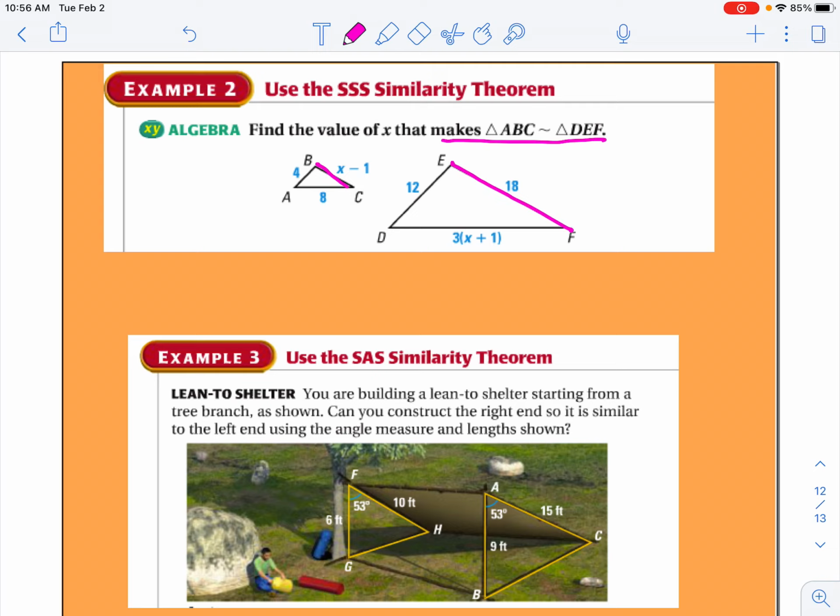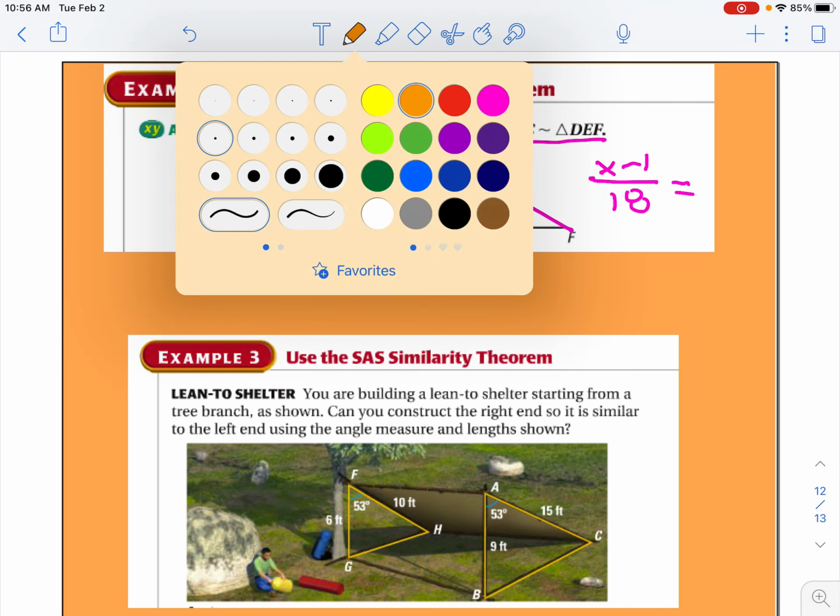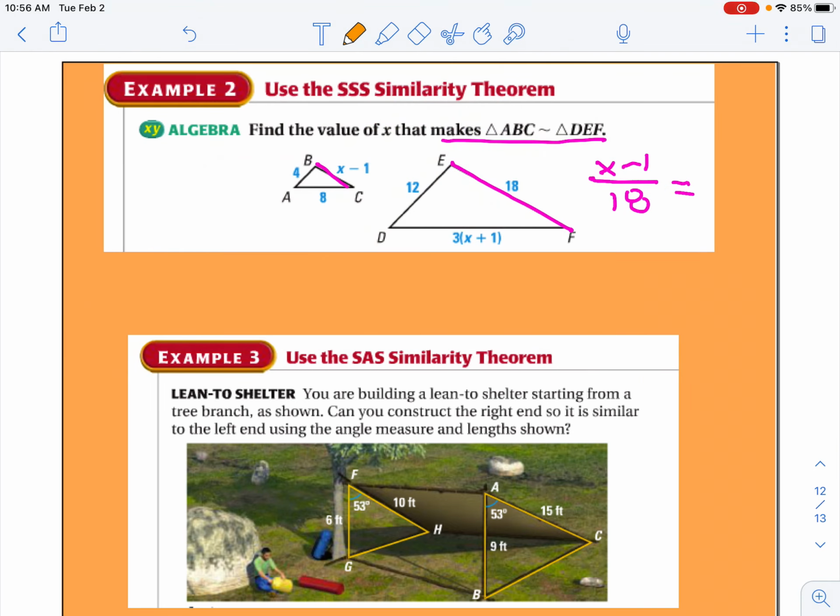So we know that this ratio, x minus 1 over 18, would have to be in the same ratio, if they're similar, as side AB compared to DE. So that would be 4/12.